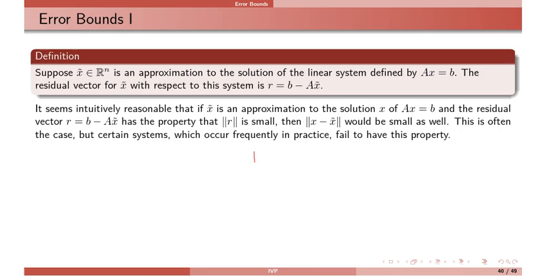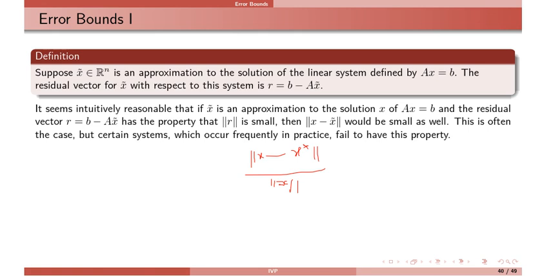If x is the true value and x star is its approximation, then x minus x star will be the error in some norm, divided by the true value of the solution. So this is the relative error for system.